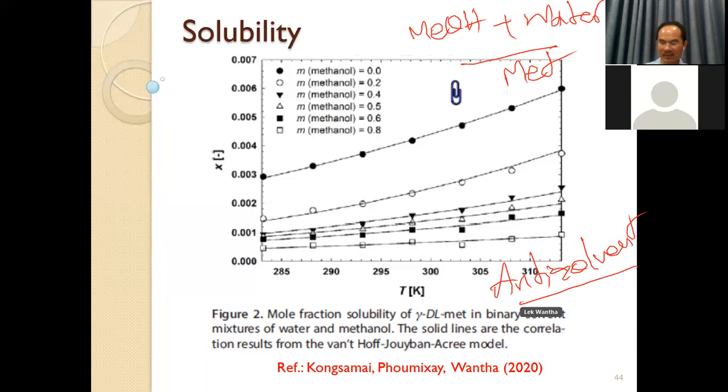Originally, we have water and methionine dissolved together, and then we add methanol. If you add methanol to this mixture, the solubility of methionine in water decreases, because methanol and water dissolve easily together, so the solubility of methionine is lower. You can produce more and more crystals by this technique. We call it anti-solvent crystallization.